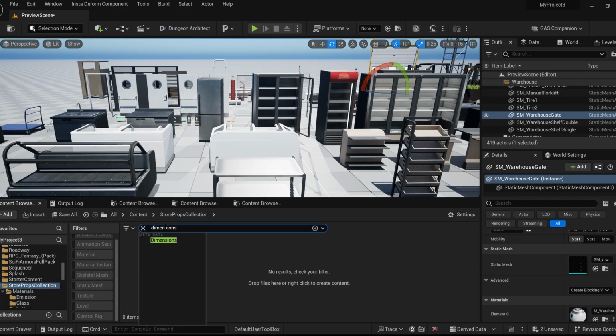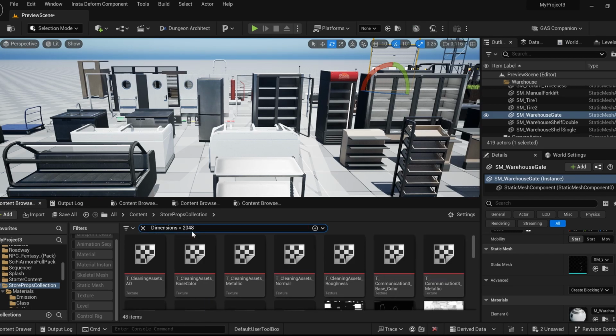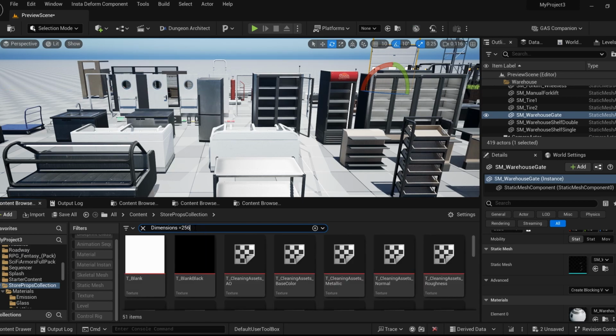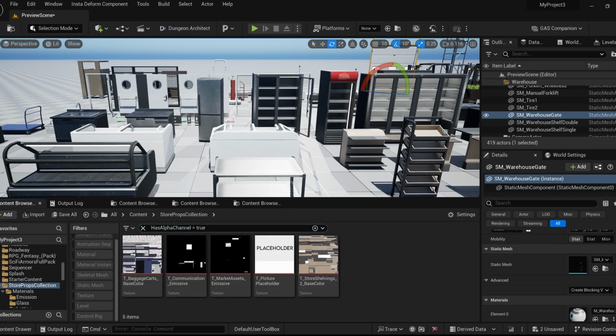As for the dimensions of the textures, we got 171 4K, 48 2K, 3 1K. Only these do have alpha channels.